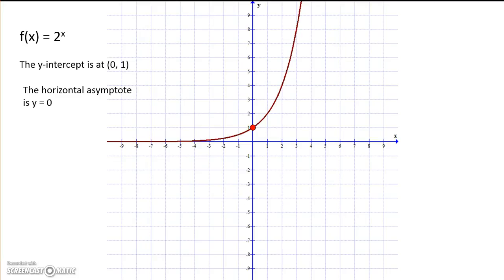There's our function, with the asymptote along the x-axis. You've got (0, 1), (1, 2), (2, 4), (3, 8), (4, 16), (5, 32), etc. So it goes up really fast, it goes small really fast, but never ever gets to 0. Okay, so that's the basic function.